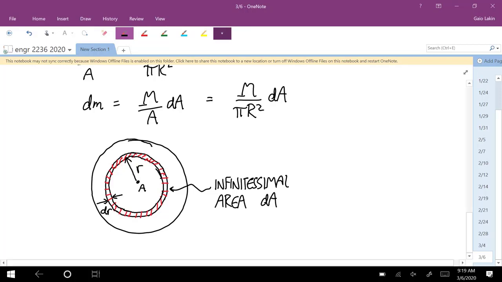Okay. And so to calculate that area, it's going to be the circumference of that circle times the thickness. Okay. So dA is equal to 2 pi r dr. It looks like this once you stretch it out.